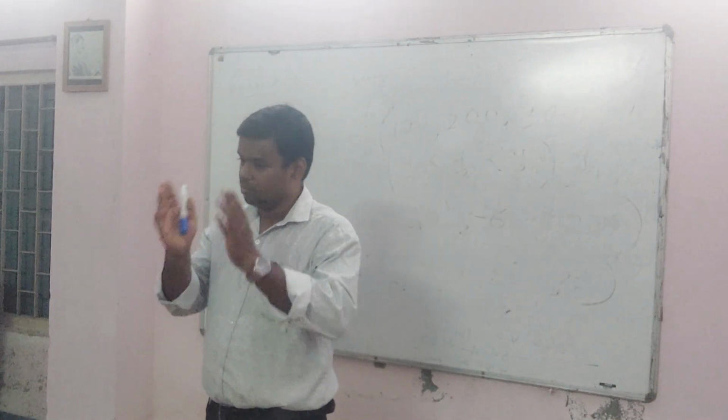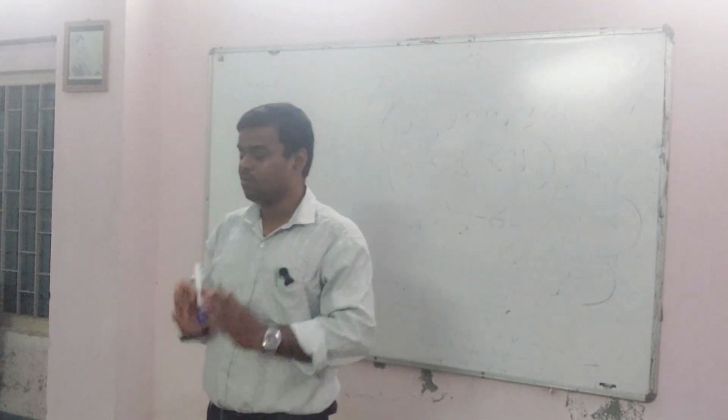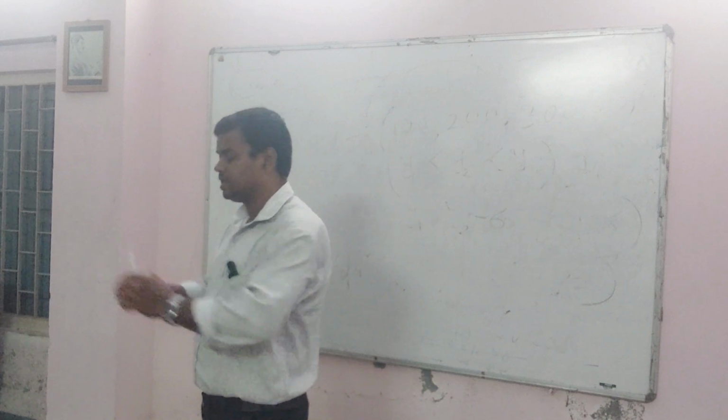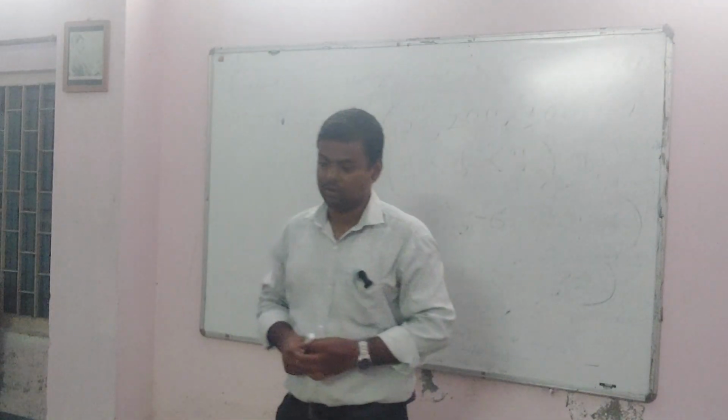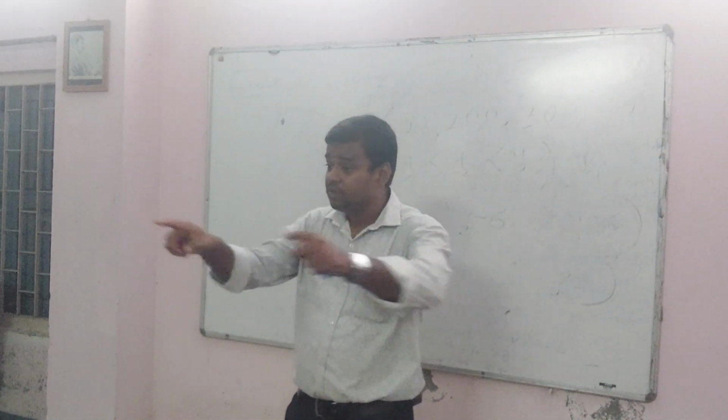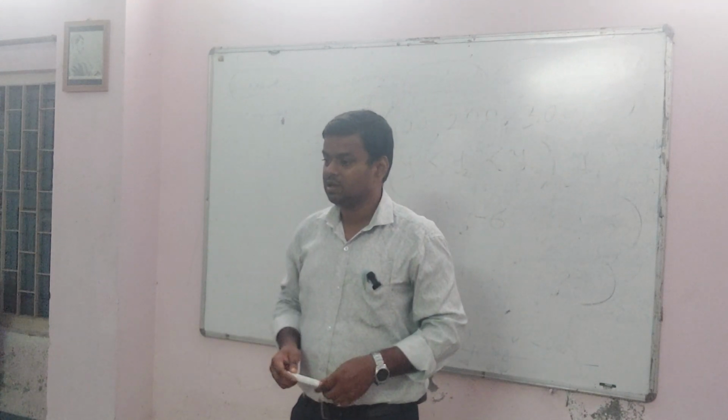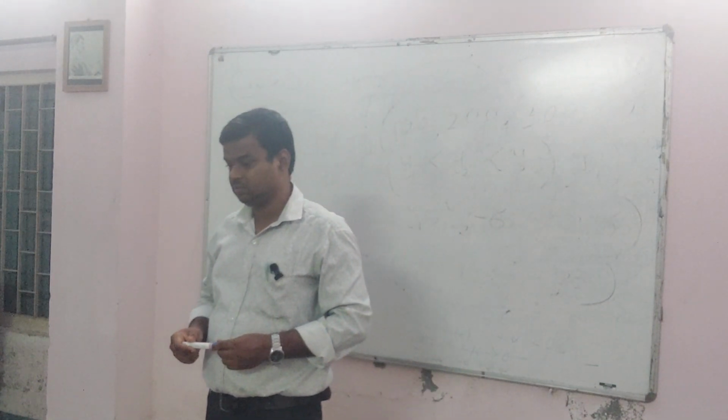So, when the change in value of any one variable leads to change in value of another variable, then the two variables are said to be correlated to each other.